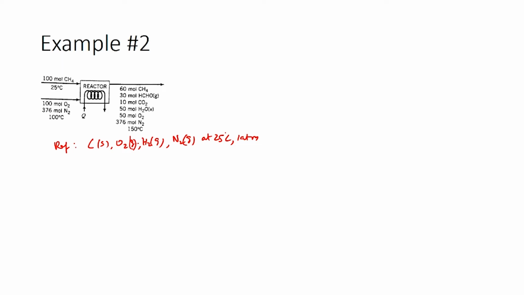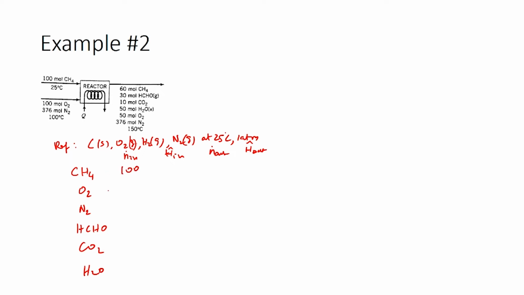So, now let us build the enthalpy table. The components you would have are methane, oxygen, nitrogen, formaldehyde, carbon dioxide and water. So, you have N in dot, H cap in, N out dot and H cap out. So, let us write down the molar flow rates.